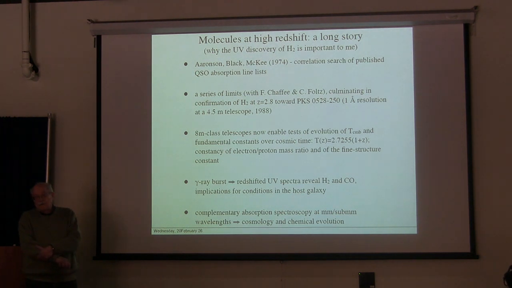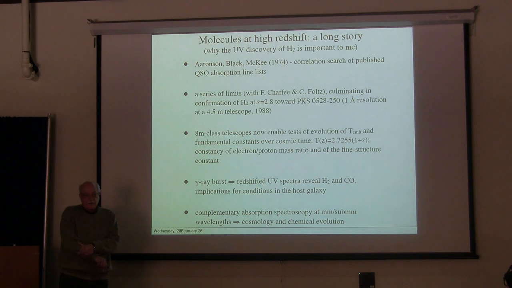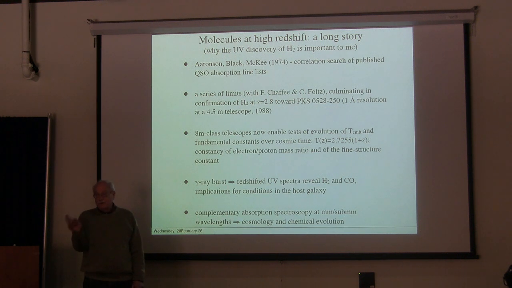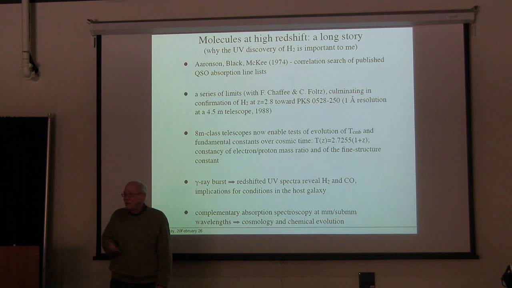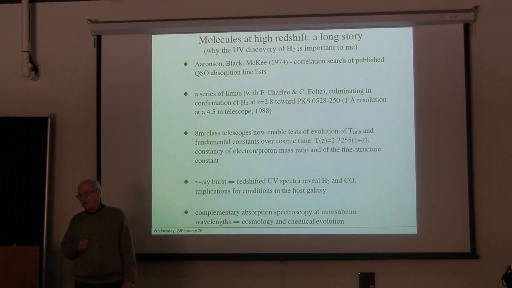And what this means is that you can have simple chemical reactions, deuterium exchange reactions, that are the dominant source of the deuterated form of the molecule that will go only one direction at low temperature, because the interstellar gas is too cold for it to go back the other direction.